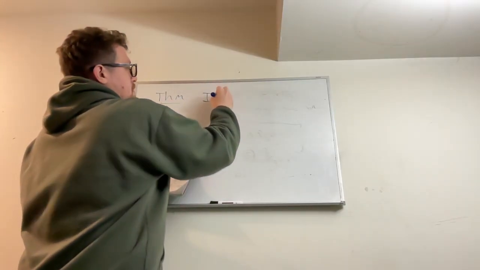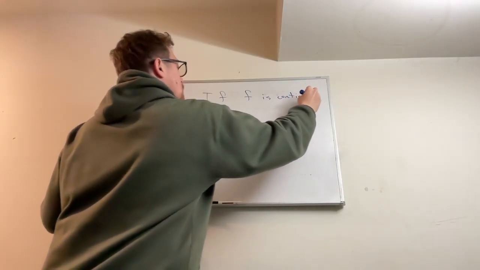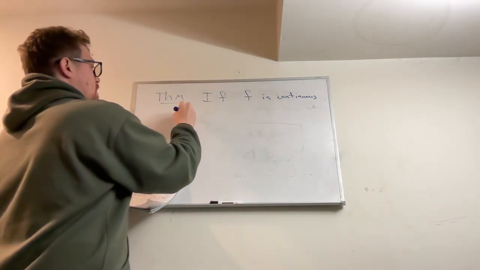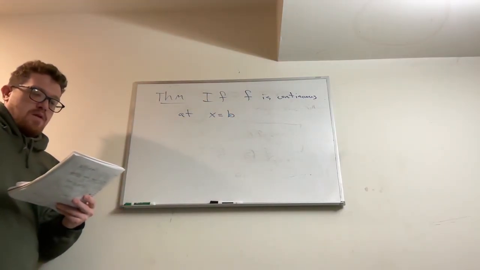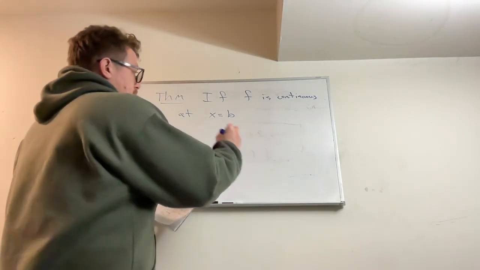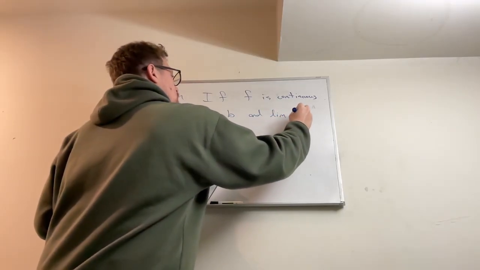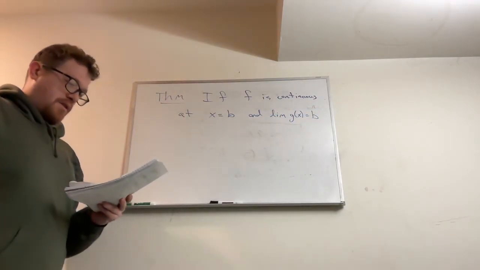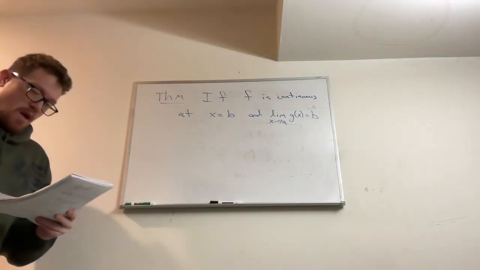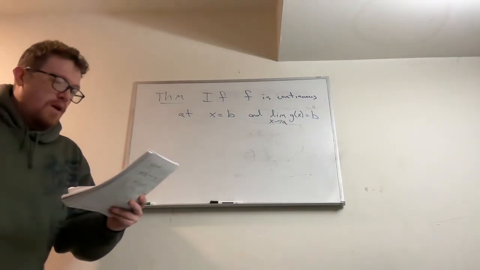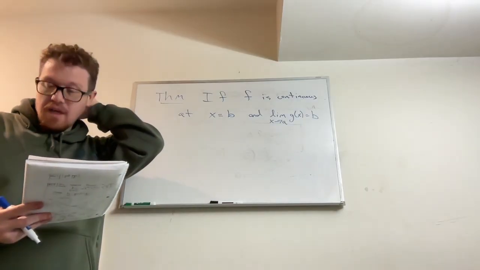So if f is continuous at x equals b, and the limit of g is equal to b as x goes to a, then the statement is that the limit of the composition is just equal to f of b.